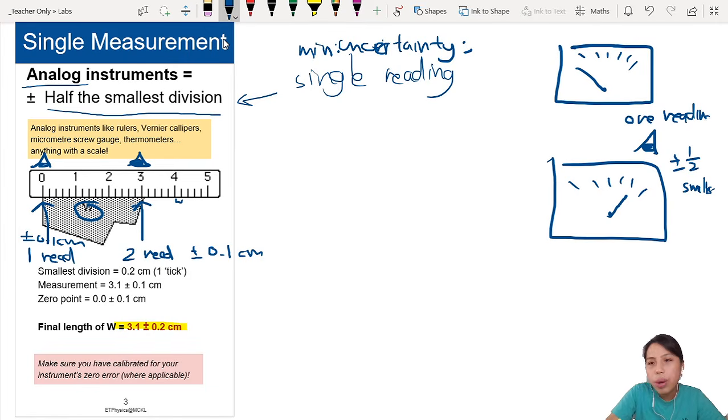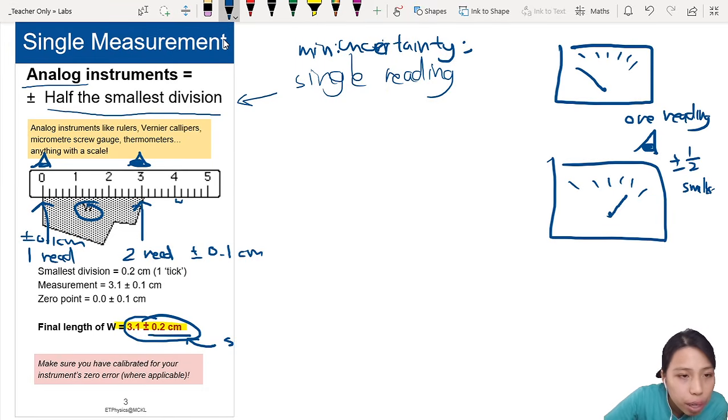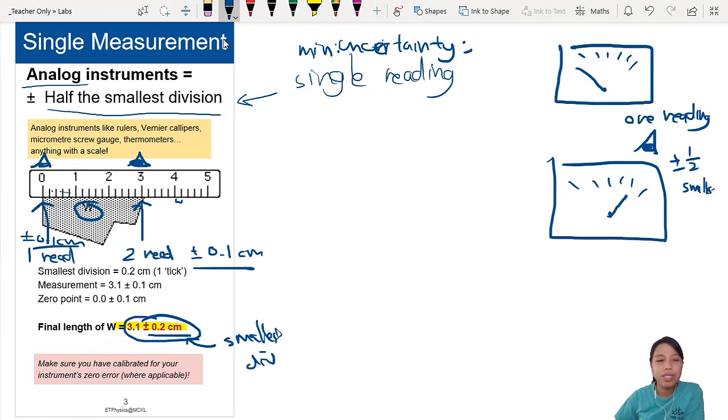Okay, so that's one way you can estimate the uncertainty. So like that, this is very ngam, just nice, equal to the smallest division of the ruler. Okay, so here 2, 4, 6, 8. So very ngam is also smallest division. Although each one is half smallest and half smallest, this one turned out to be the smallest division.